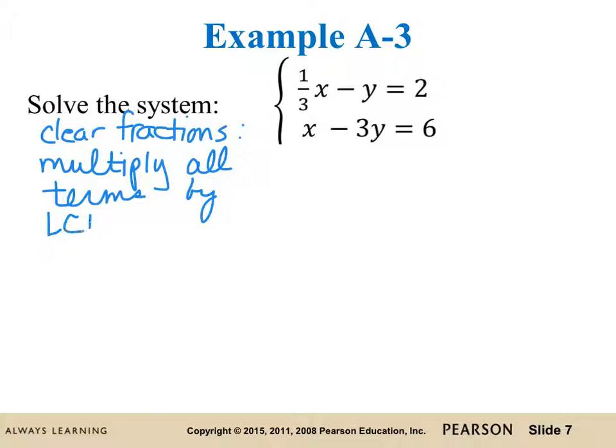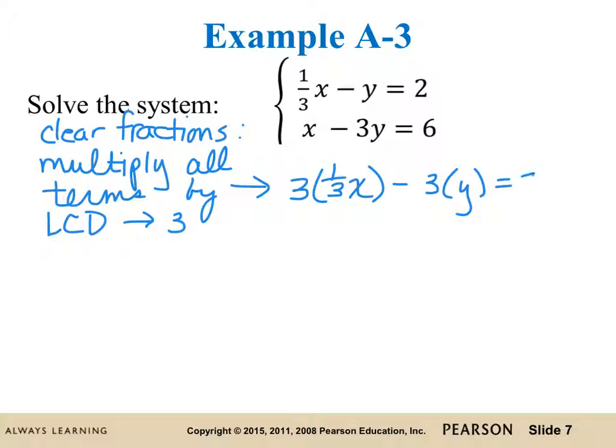Preferably the least common denominator, which in this case is 3. That would give us 3 times 1/3 x minus 3 times y equals 3 times 2. 3 times 1/3 is 1, which leaves us with just x minus 3y equals 6.